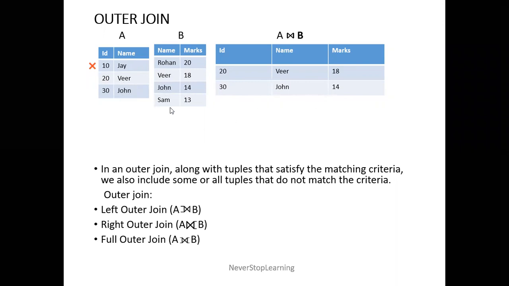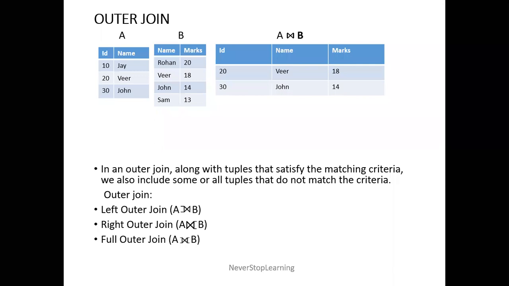But Sam is not present in table A, so this will not come in the resultant table either. This is a very small table, so only two tuples are lost, but we don't want to lose any data because handling data which is lost is very costly.